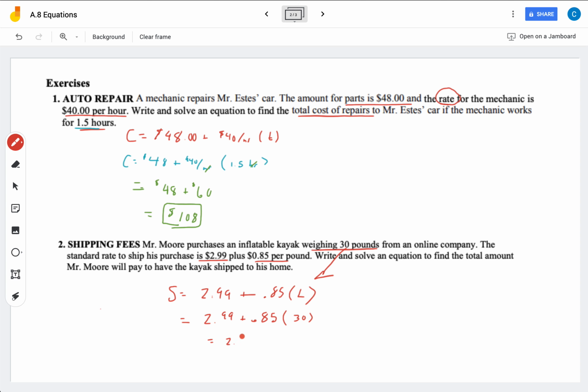So 2.99 plus, and that's a decimal there, plus 25.50. And when I add them, I get $28.49. And that's that.